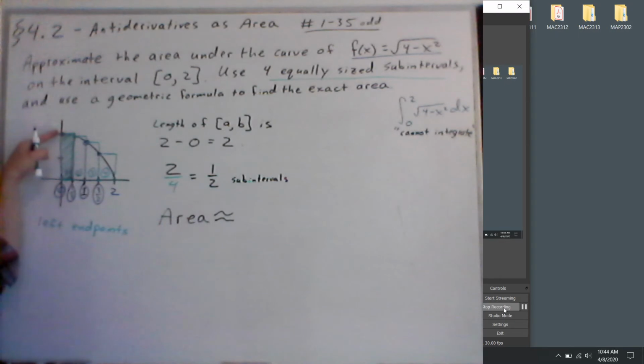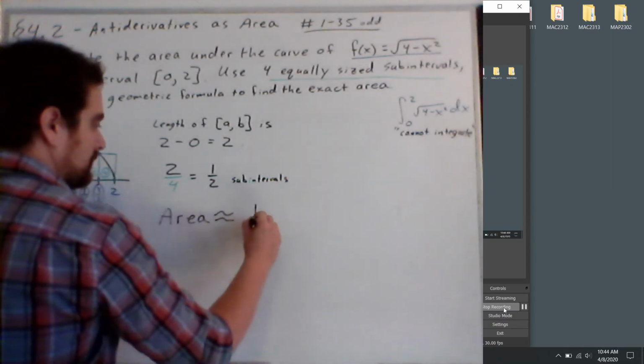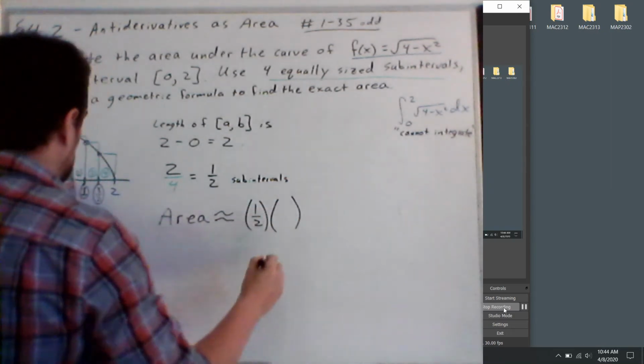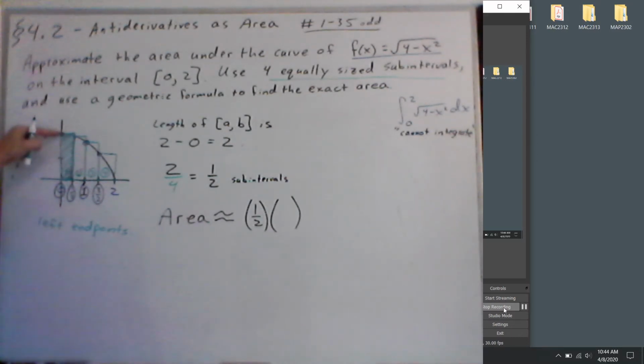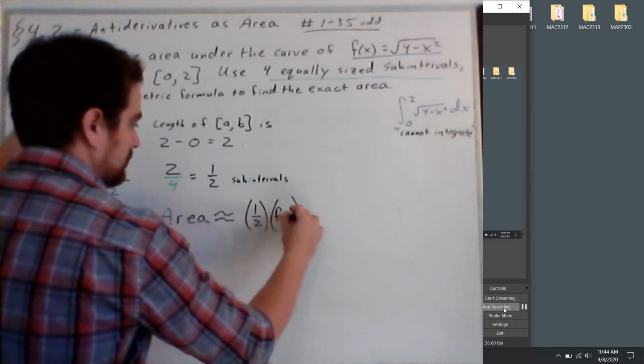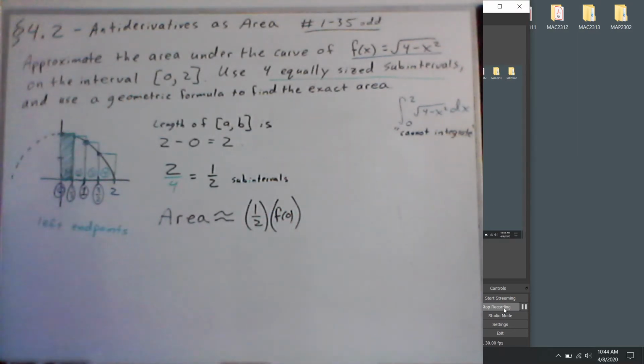How tall is this rectangle? Well, it's 1/2 wide. And the area of this rectangle is going to be given by its height. Since I'm using the left endpoint, I need to find f of 0. That'll put me on the curve.